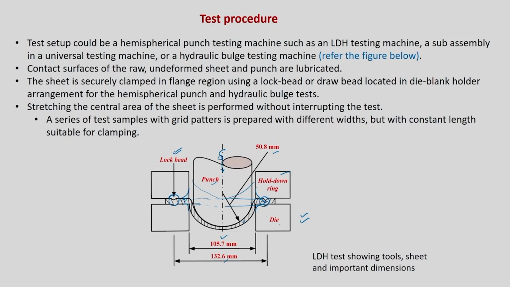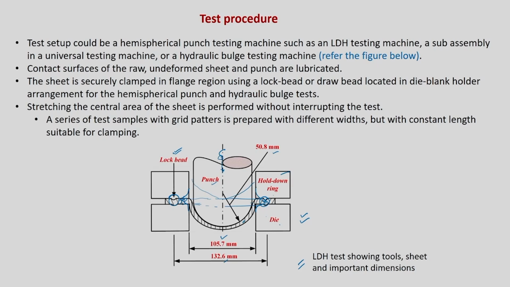That's why it is written that the circumferential clamping force is applied using the draw bead as well as some blank holding force. If you use this draw bead, it will avoid the radial movement of the sheet, and hence the sheet is going to stretch below the punch. I have also given here this LDH test setup showing tools, sheet, and important dimensions.